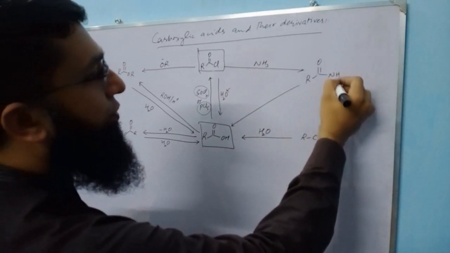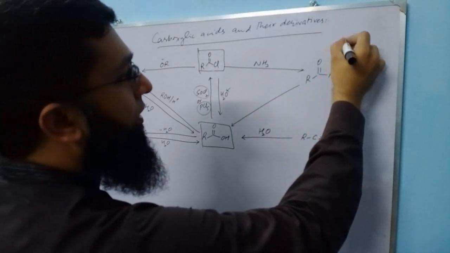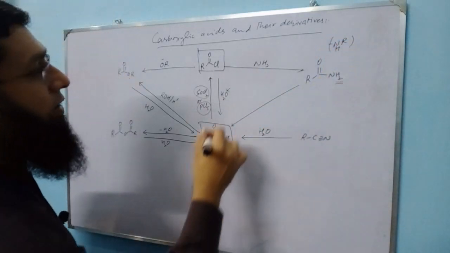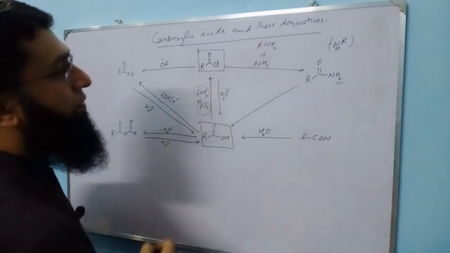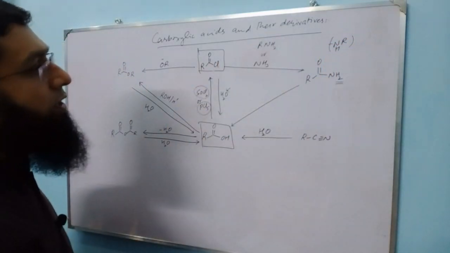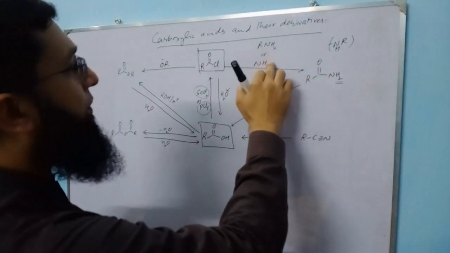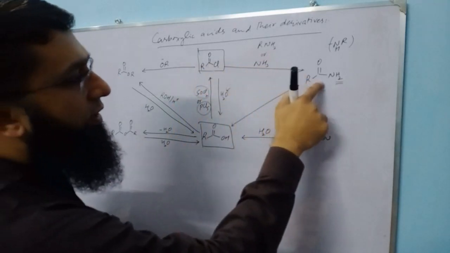Here we have used NH3. We can also use NHR in place of NH2, and we can use RNH2 for example. So depending upon the need of the carboxamide, we can choose the amine which would react with the corresponding acid chloride, and we would get the amide.